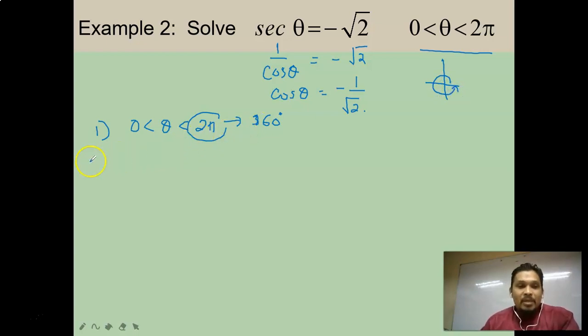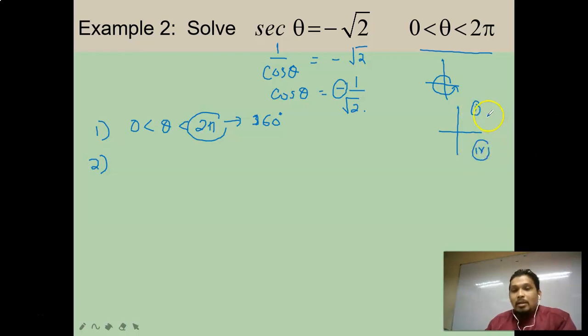Okay, step 2, cos theta equal to negative. Cos positive lies in first quadrant and fourth quadrant.